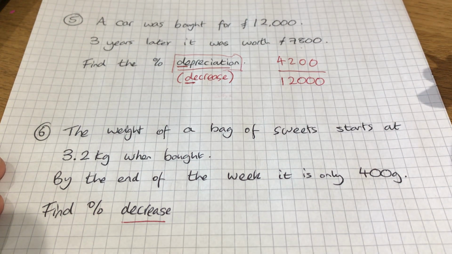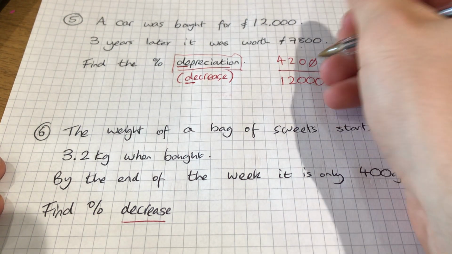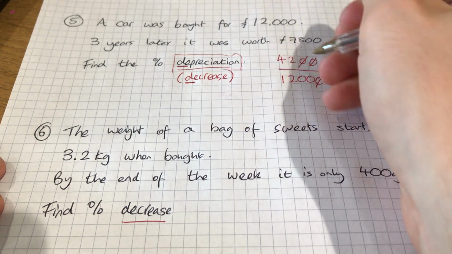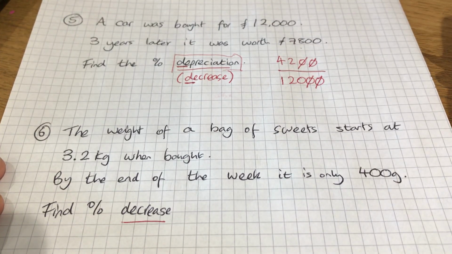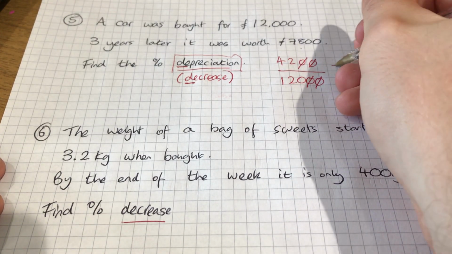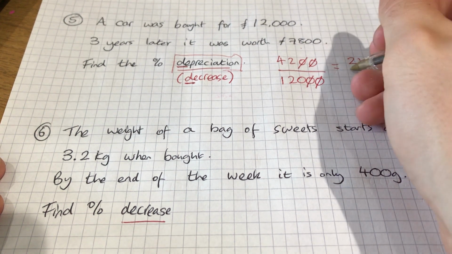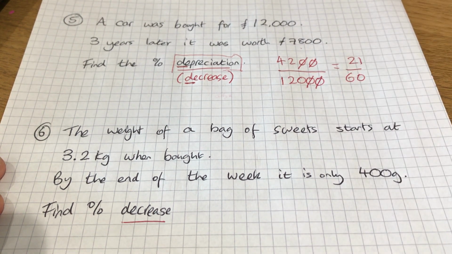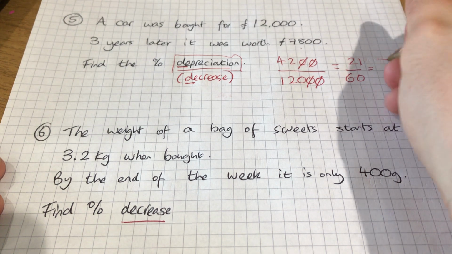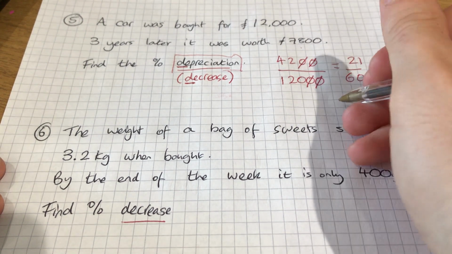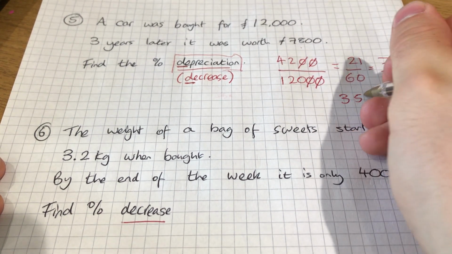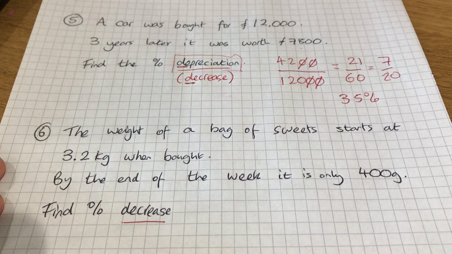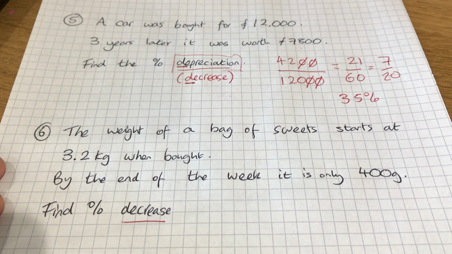So let's start simplifying this. Divide it by 10. Divide it by another 10. Of course, you could have just divided by 100. Divide by 2. 21 over 60. They're both in the threes, so that's 7 over 20. And you might remember 7 over 20 earlier, that's 35%. Again, it tells you it's depreciation, so you don't say 35% decrease. Just 35% will be fine.